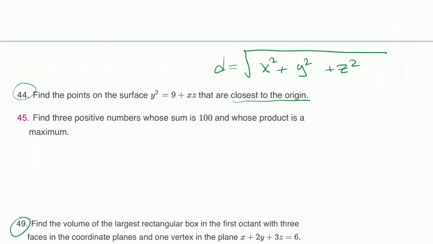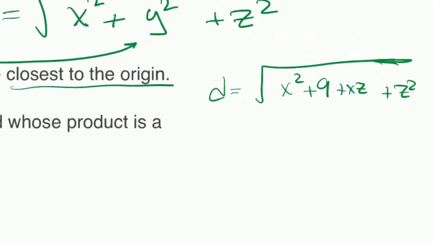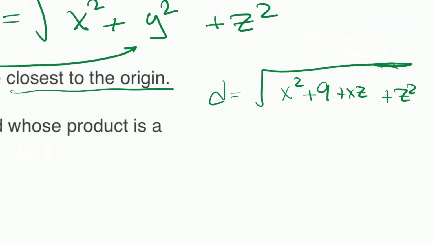And so let's just make a substitution here. Take that and shove it in there. And you have this for the distance. So the square root of x squared plus 9 plus xz plus z squared. So I want to minimize this function, and you have two variables. So I'll do the derivative of this with respect to x.